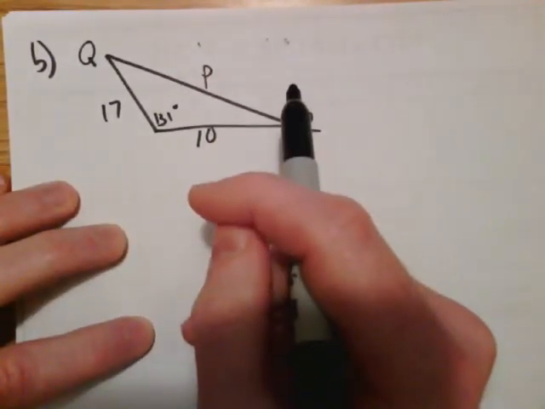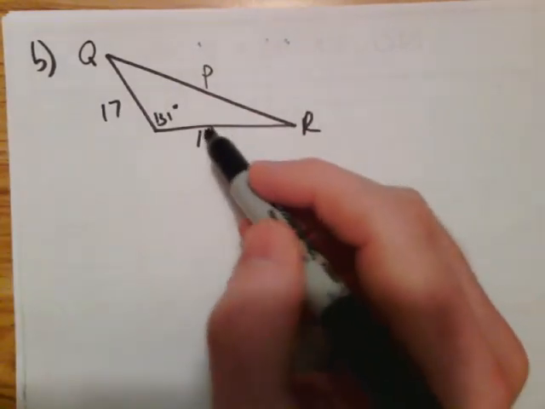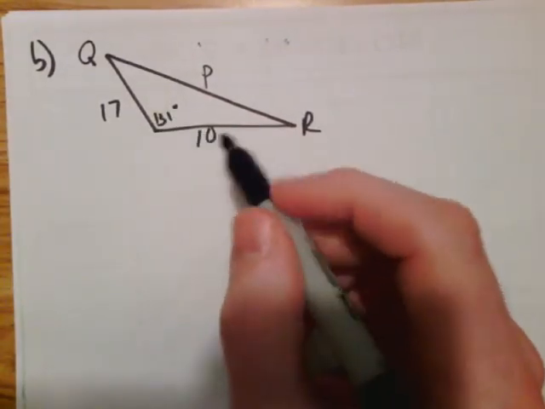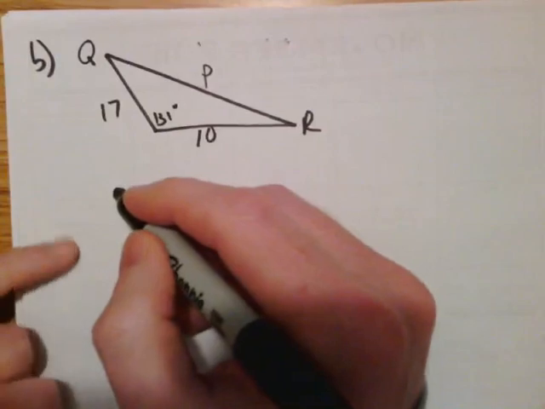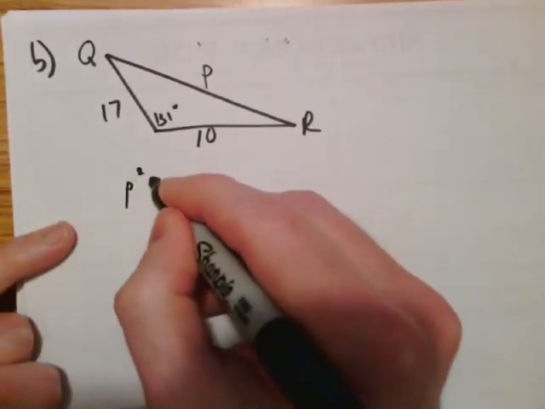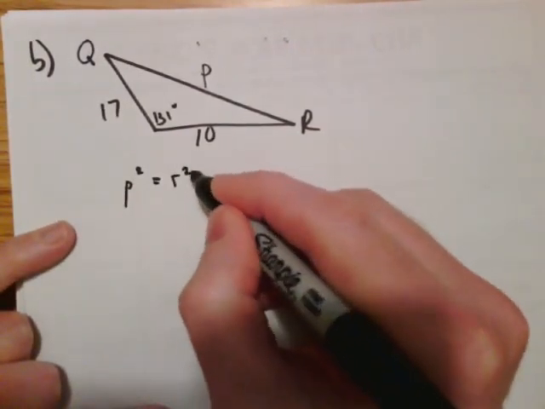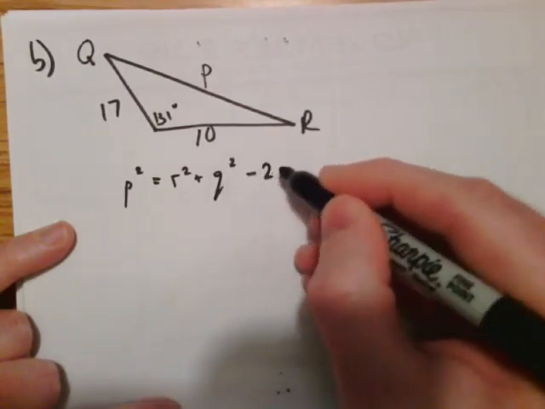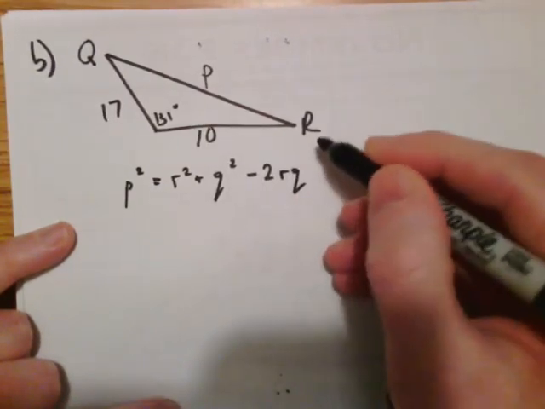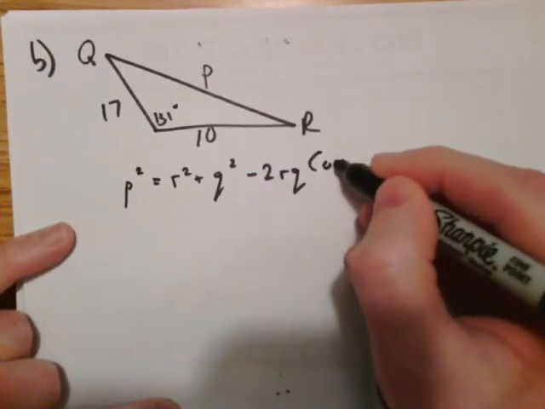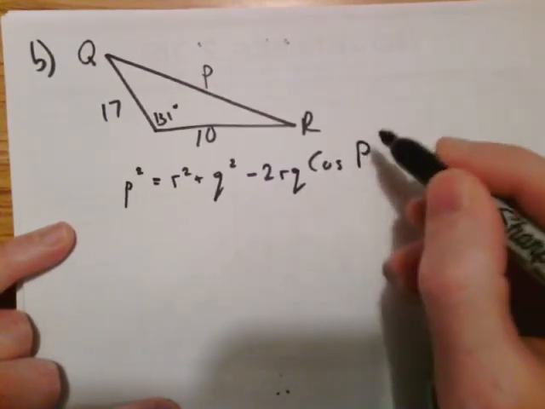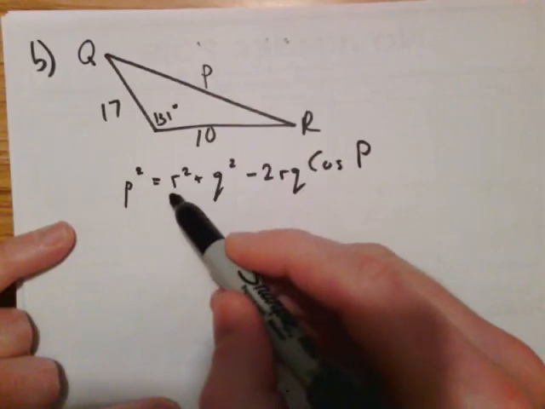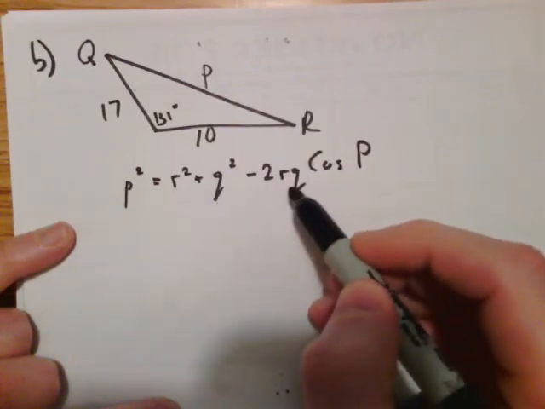I just realized it gave us the same two sides, but the angle is 100 degrees more. So little p squared equals little r squared plus little q squared minus 2rq cos of P. Let me make sure I did this right. Minus 2rq. Yep. All right.